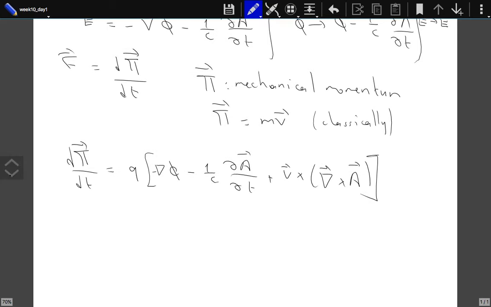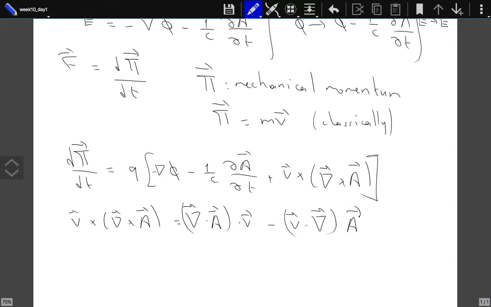Now let's convert that double cross product. v cross the curl of A we can write as the gradient of A dot v, minus v dot the gradient acting on A. So these two things are different, by the way.